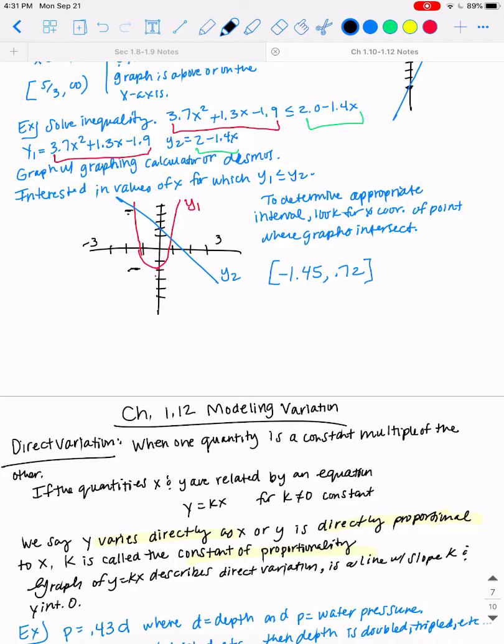Okay, and then our x's that correspond with those are this one and then that one. So negative 1.45 and 0.72 is our appropriate x interval for where the y's from y1 are less than the y's from y2, because those are the parts that are underneath the blue line.